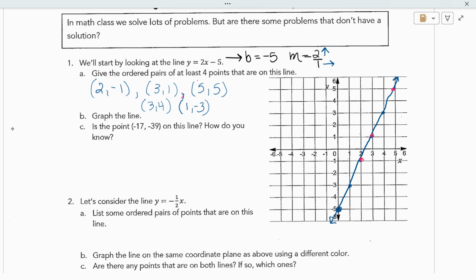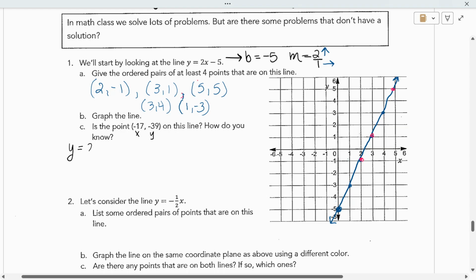Let's check. So we're going to take this ordered pair. This is my X, and this is my Y, and we're going to plug it into this equation: y equals 2x minus 5. So y is -39 equals 2 times the X coordinate, -17, minus 5.